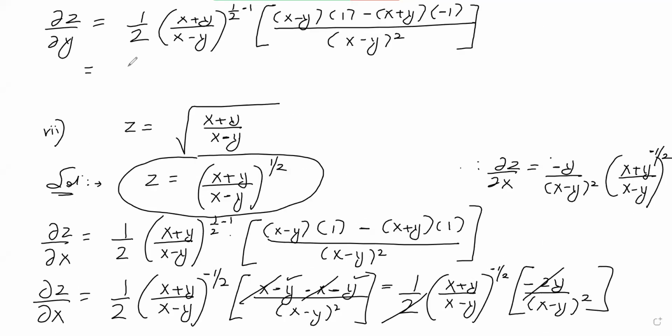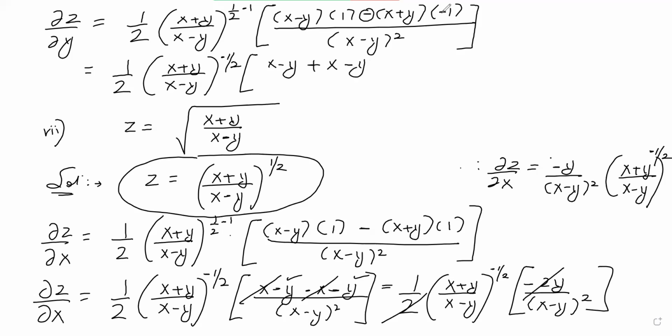So what do I get? This is half times x plus y over x minus y to the power minus half times x minus y minus, this is plus x minus y. Minus into minus will make it plus here and minus into plus will make it minus here, over x minus y square. If I work this out, some things get cancelled out.